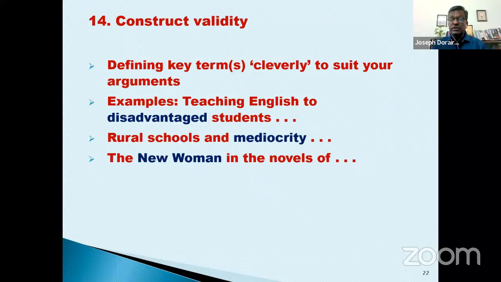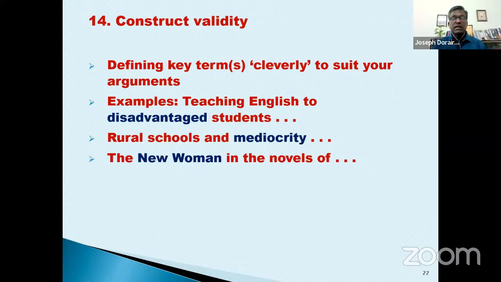If a student scores 50 or 52 or 54, 55, all of us would realize this is not a sign of mediocrity, because the student has got 50% and above. So 30, 35, 40 would be a sign of mediocrity. But if I define mediocrity as getting 20 or less than 20, then you doubt the veracity of my thesis, because I have defined mediocrity in my own way so that I get publishable results.